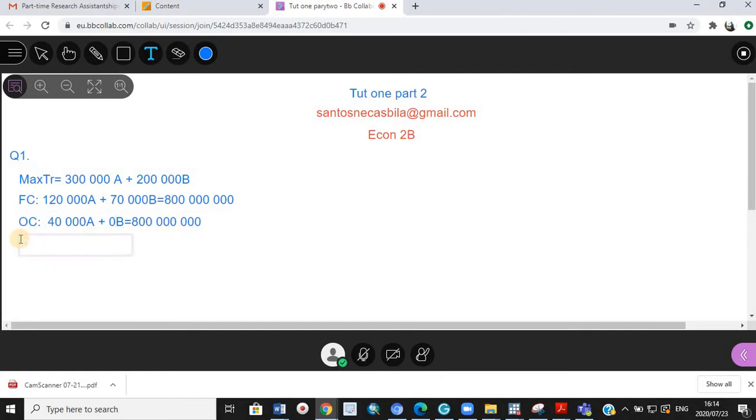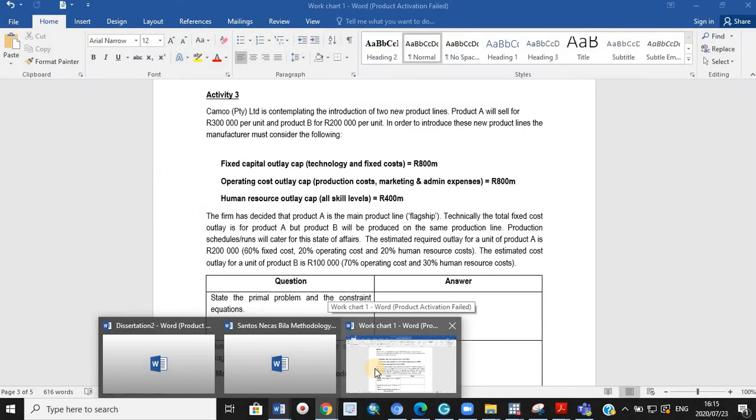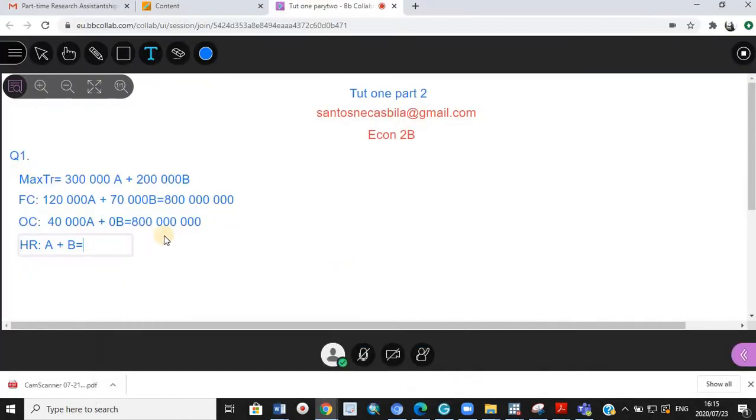The third constraint is human resource. Let's see. Again, we have A and we have B. The total amount should be equal to 400 million rands. Human resource outlays, all skill levels, right? So here it's going to be 400,000.